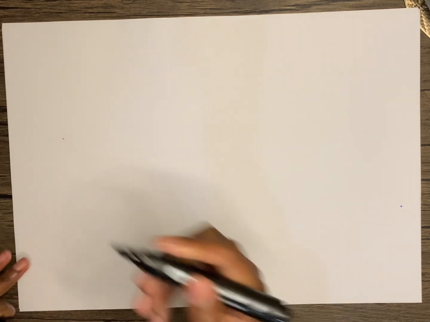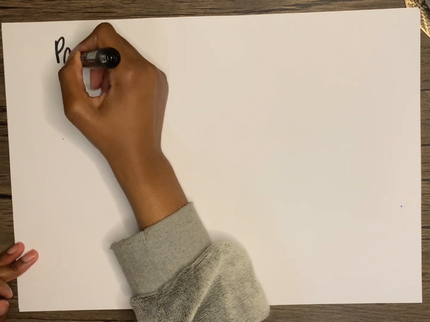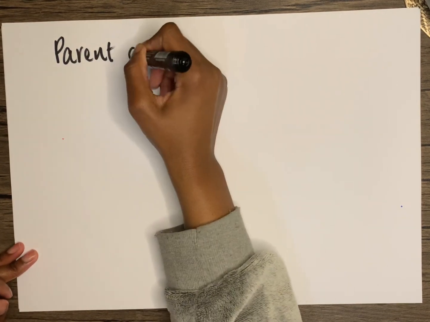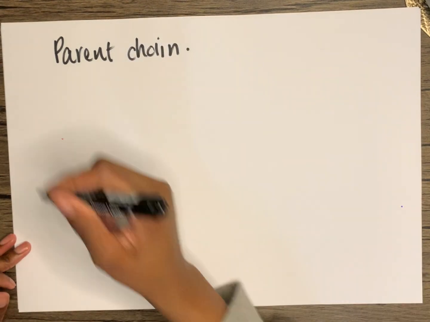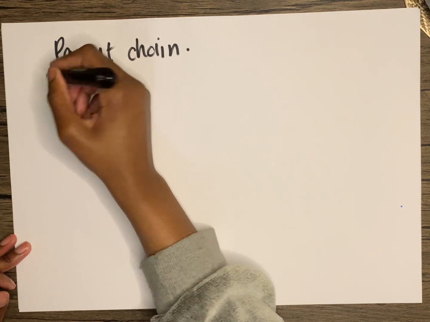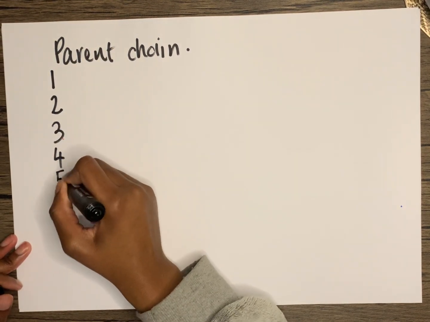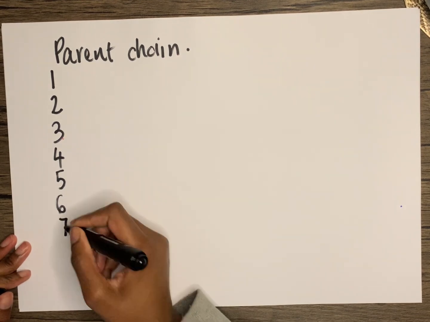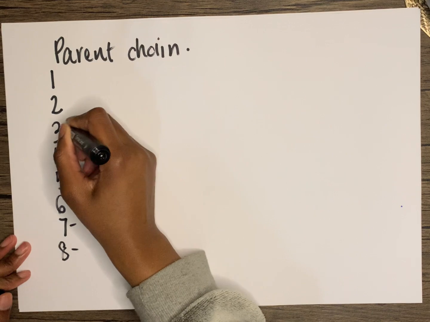So there's some other parental naming that you must know. When we talk about naming, we refer to the number of carbons in the longest chain. So we call it the parent chain. Right? The parent chain can have 1, 2, 3, 4, 5, 6, 7, 8 carbons.